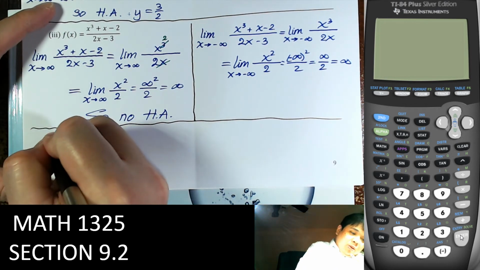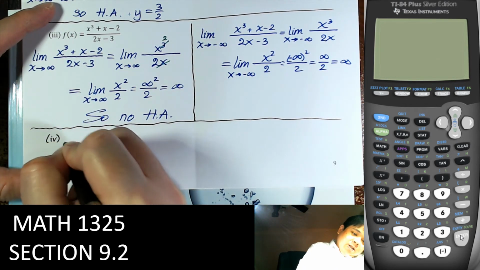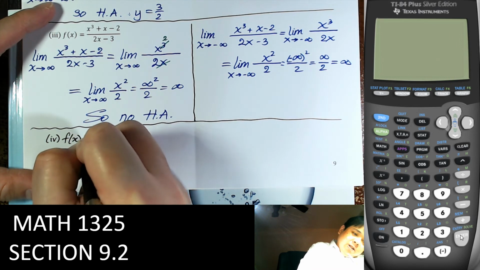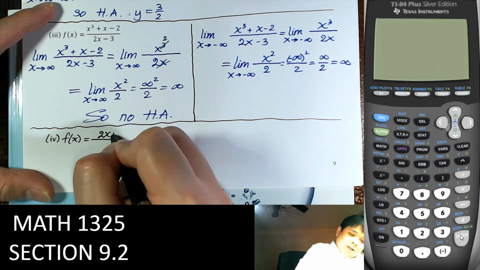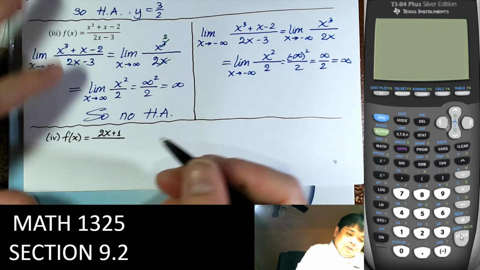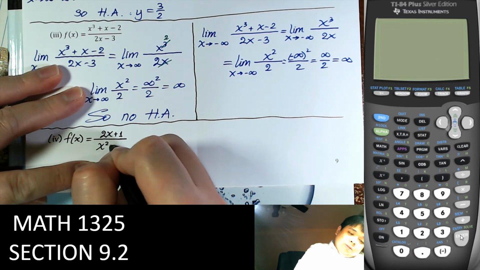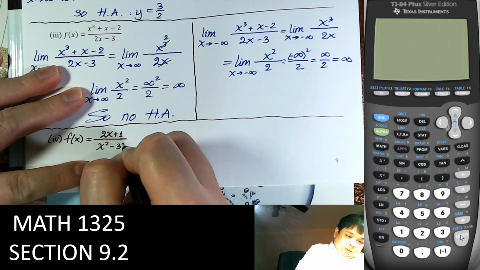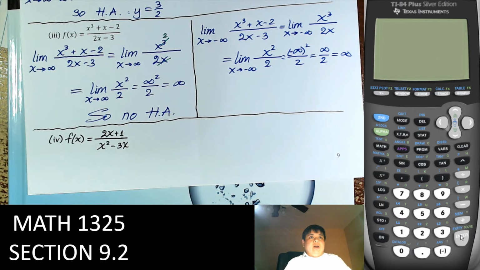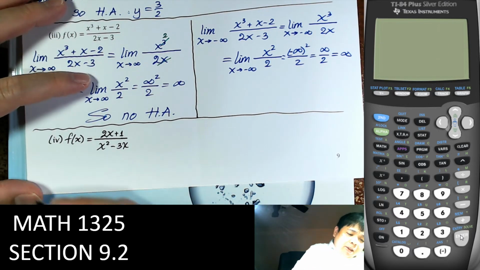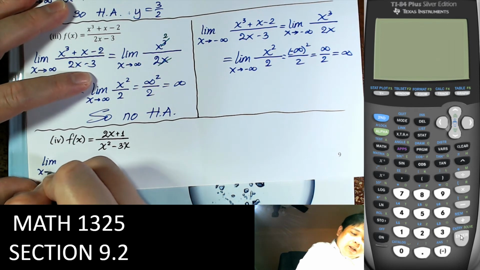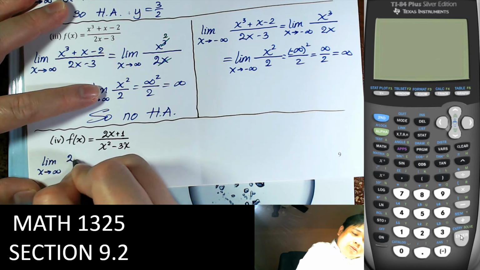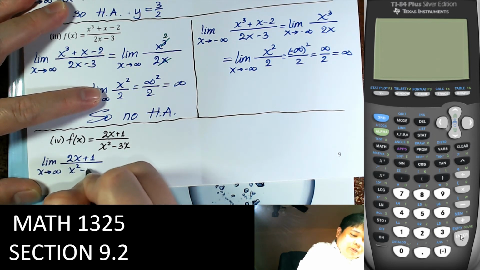I think we need one more example. Right, so we find the limit as x goes to infinity of 2x plus 1 over x squared minus 3x.